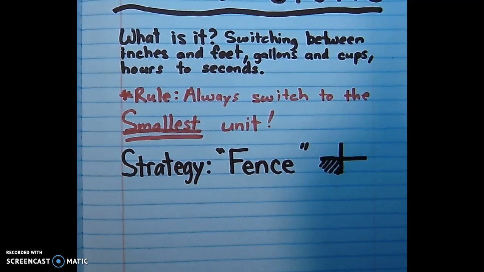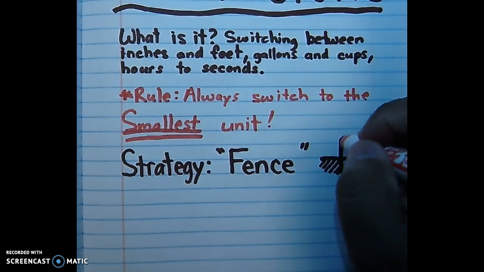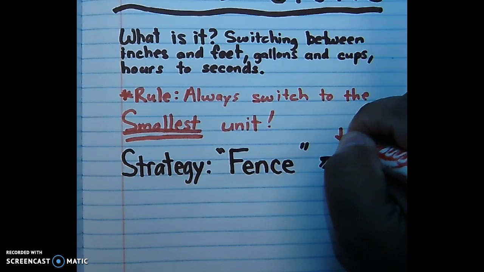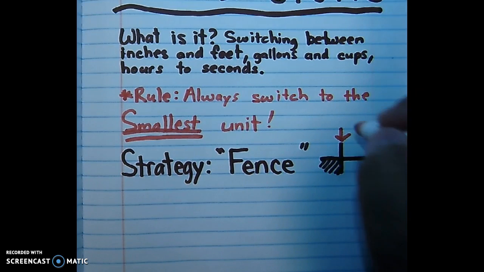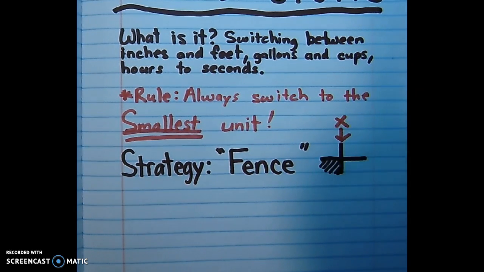And the second thing you need to know about the fence is that every time you see a line going straight down in your fence, it means you're going to be multiplying. So every time you see a vertical line going down your fence, you will be multiplying.